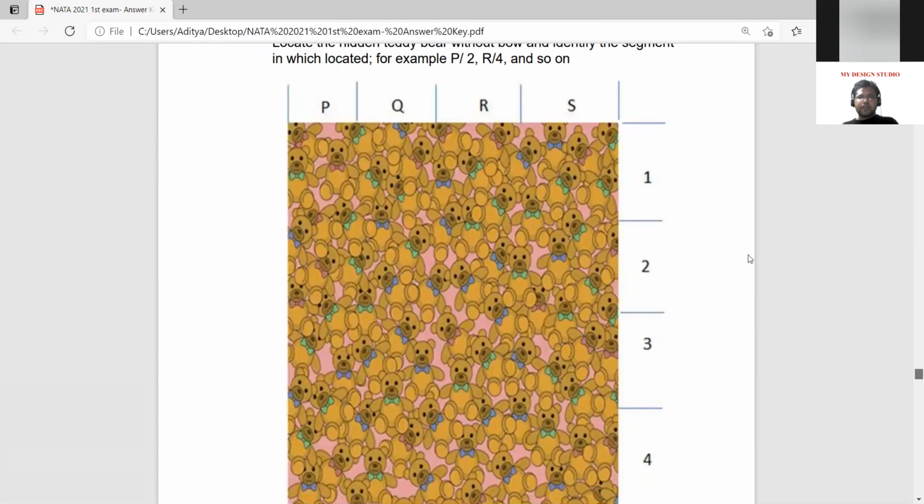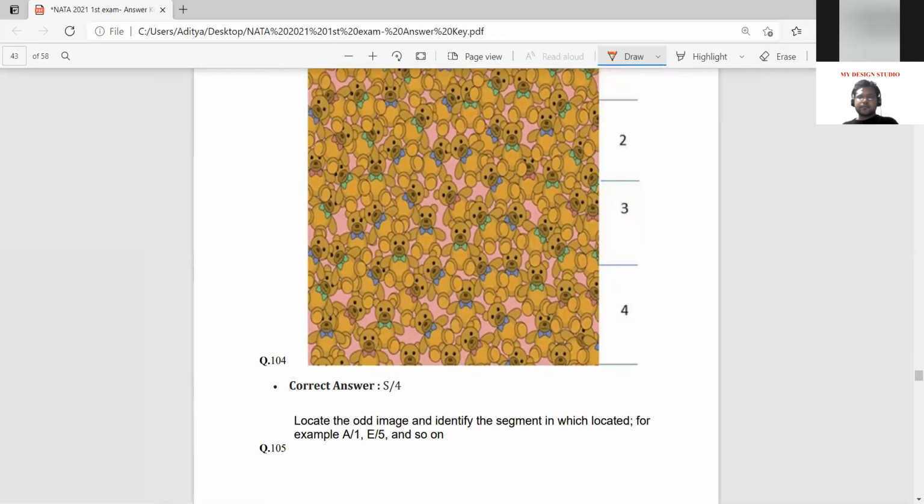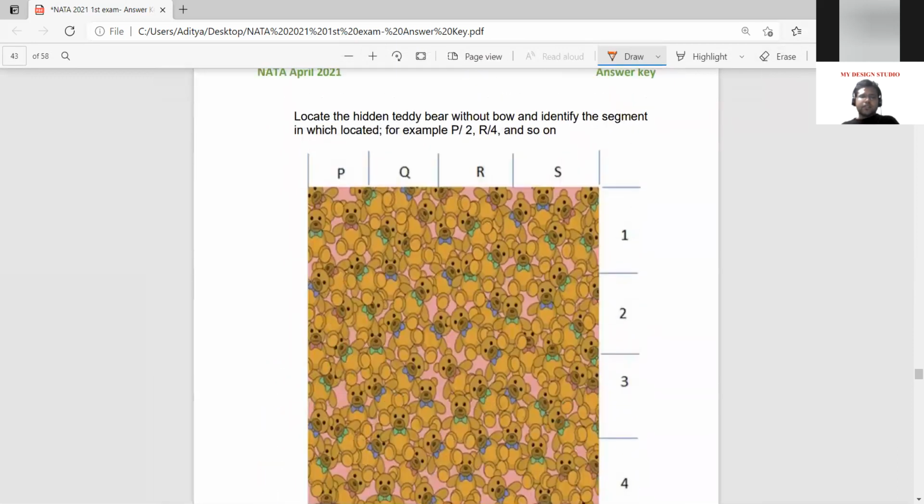Next set of questions: locate the hidden teddy bear without bow and identify the segment in which it is located. It is a grid kind of system. For example, this particular tile here will be called S1. This will be R1, this will be Q1 and this will be P1.